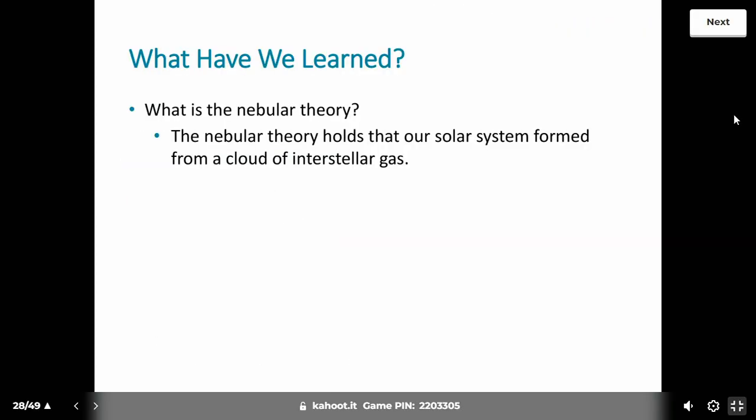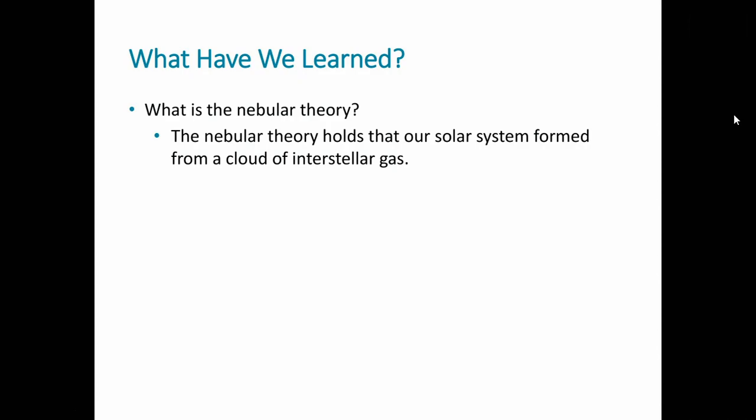So the nebular theory is the theory for the formation of the solar system, and it says that in the Milky Way there was some giant cloud of gas that part of that gas cloud started to collapse. In the center of that collapsing gas cloud, the sun formed, and then all of the planets formed around the center of that collapsing gas cloud, and the solar system was formed.